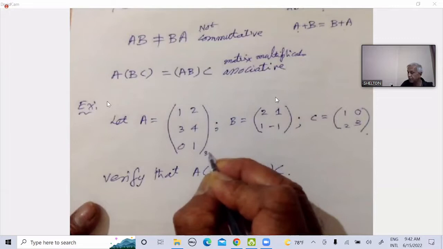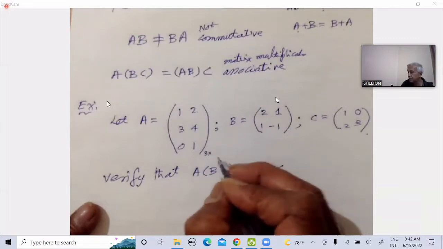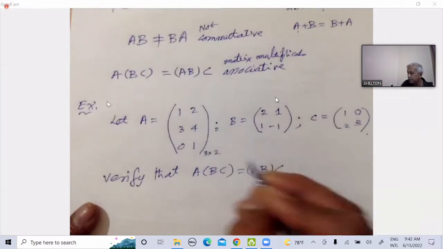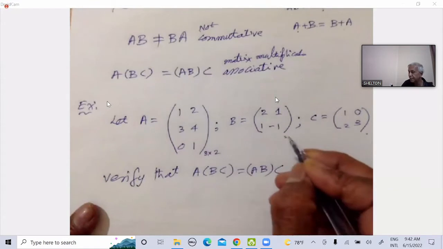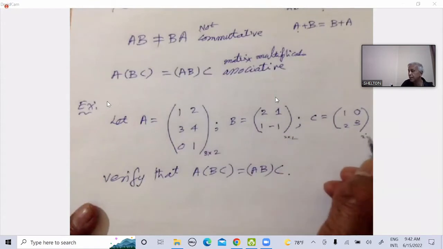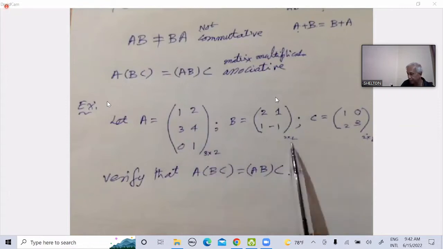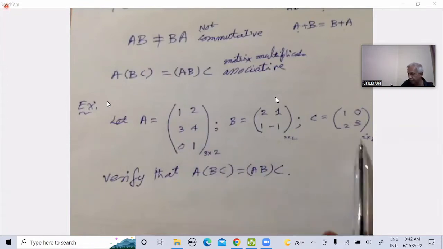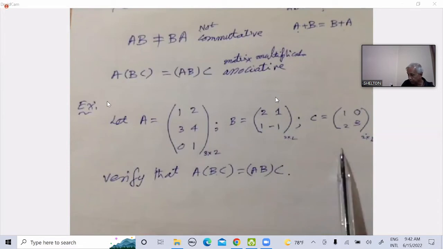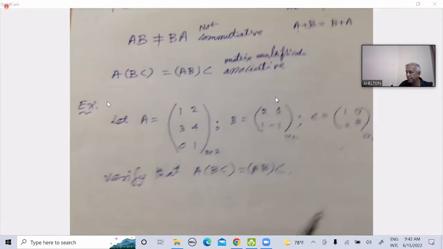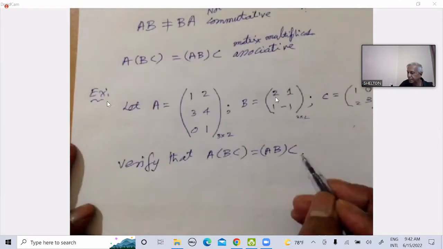Can I talk about B times C? Yes, 2 by 2, 2 by 2. BC is defined, and the answer is also 2 by 2. 3 by 2, 2 by 2, defined. AB, A times B, 3 by 2, 2 by 2. Product AB is 3 by 2. C is 2 by 2, so 3 by 2, 2 by 2. So all are defined. So let us verify that this is true.